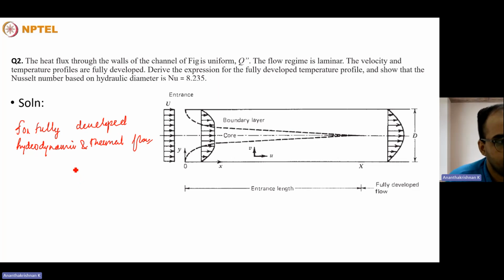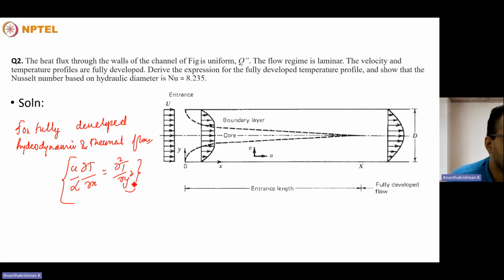So the simplified energy equation will be u dou T by dou x, the convective heat transfer term, equal to the diffusion term, alpha dou square T by dou y square. This is something that we have obtained by removing the other terms.